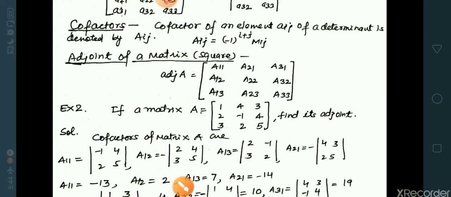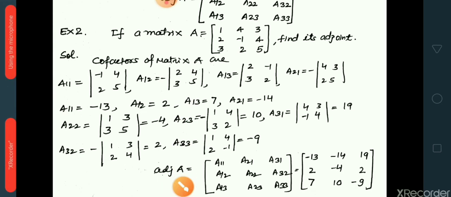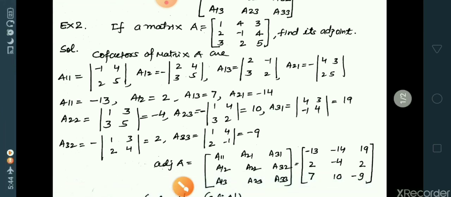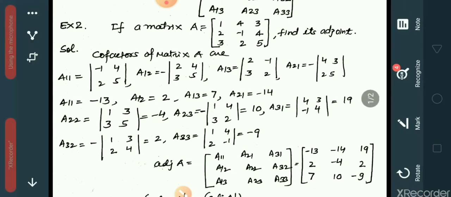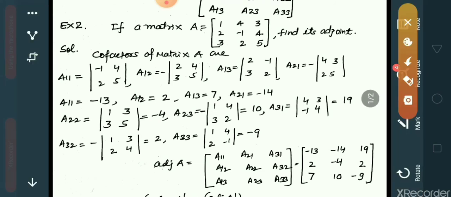So simply we first find the cofactors of matrix A. You know that cofactor Aij is equal to minus 1 raised to the power i plus j into Mij. So we use that. First we find A11.